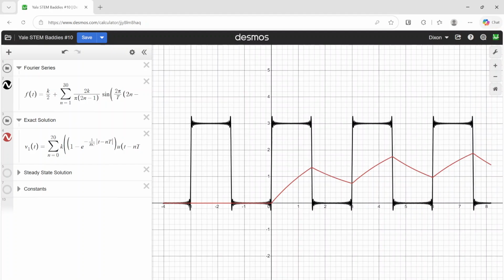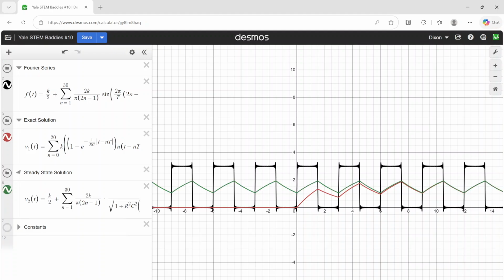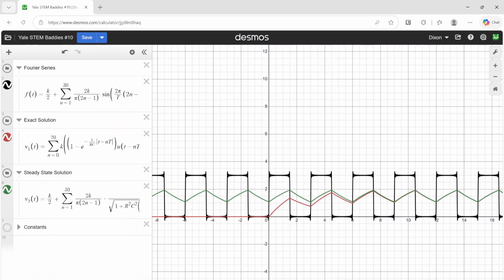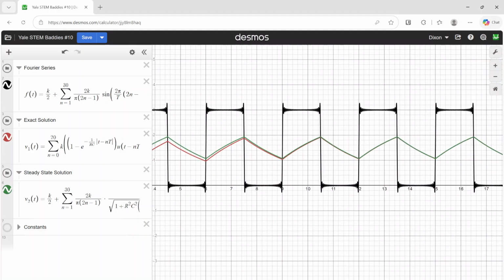But what we've now found is this steady state solution, which, let's turn this on. This is what we found today, and it's more valuable than the exact solution because, as you can see, the exact solution quickly converges to this steady state solution right there.